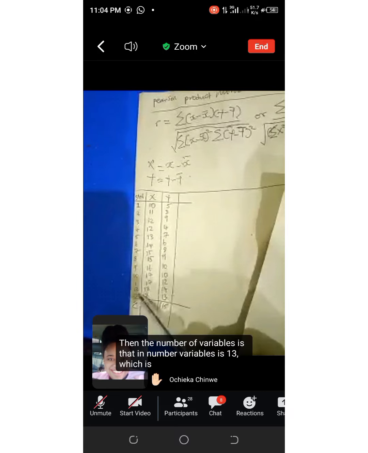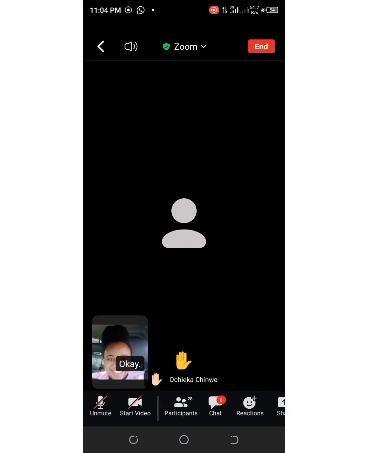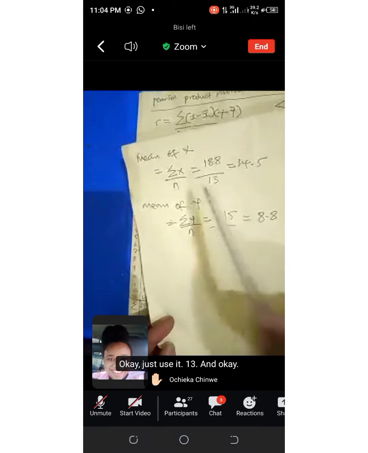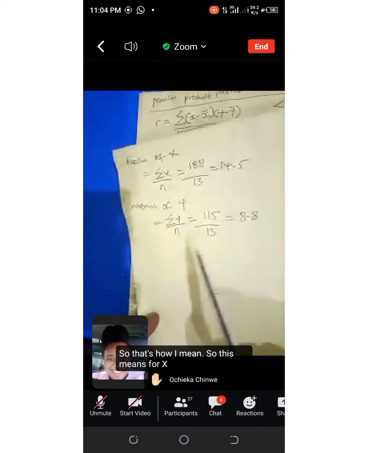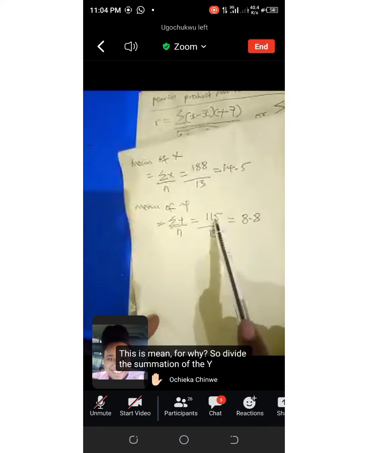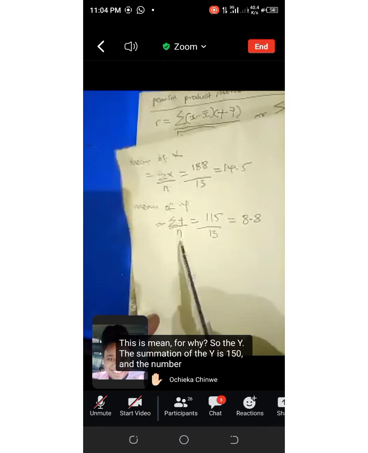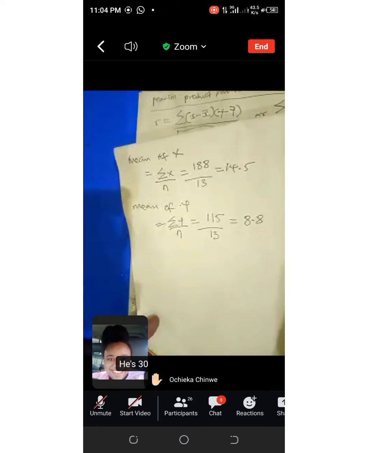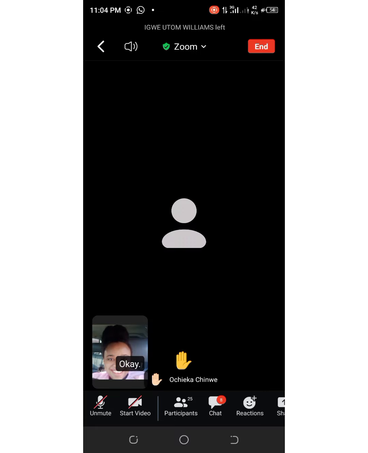That's how we got it: just use 13 and divide 188. So that's our mean. This is the mean for x, and this is the mean for y. The summation of y is 115, and the number of variables of y is 13. So this is our mean: mean of x is this, mean of y is this.